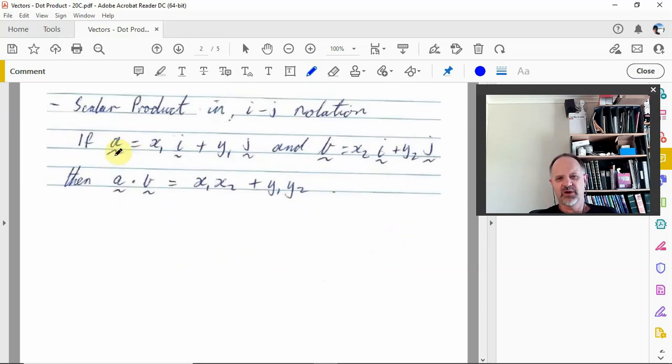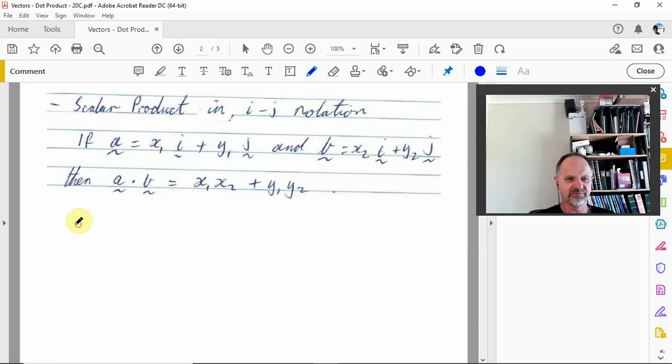Alright, so as we know, we could write those vectors in IJ notation, and so if we do have two vectors in the IJ notation, then A dot B is equal to x1 x2 plus y1 y2.